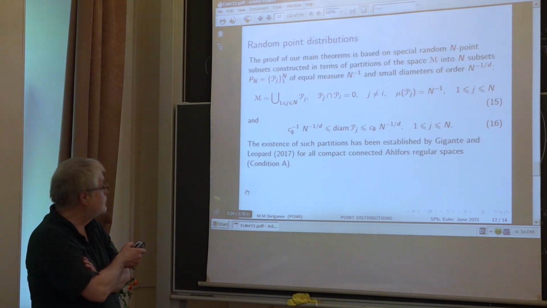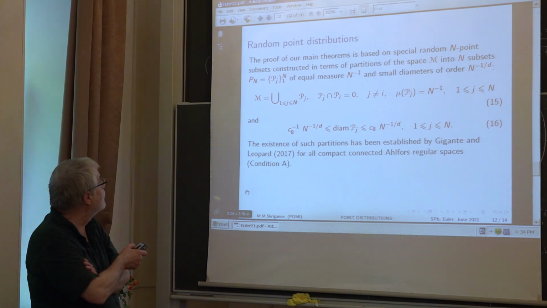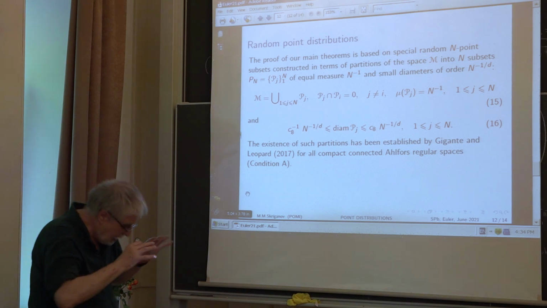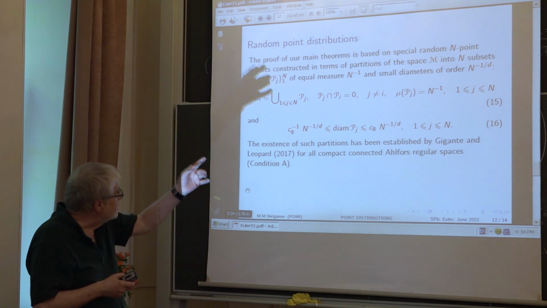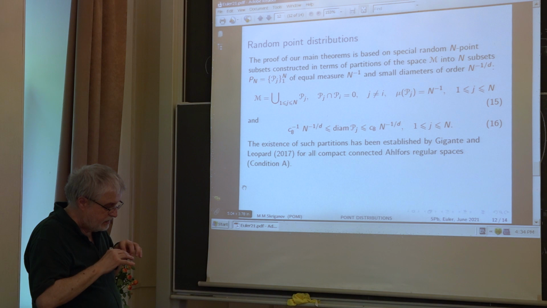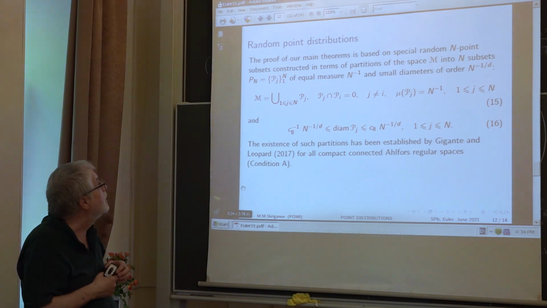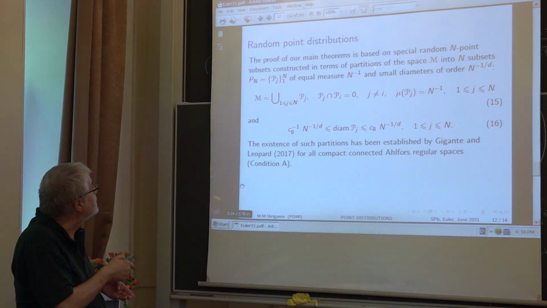into disjoint sets. For each n, we have a compact space. Then this space can be divided into a disjoint union of n subspaces of equal measure, and we suppose, of course, that the total measure of the space M is normalized to 1.